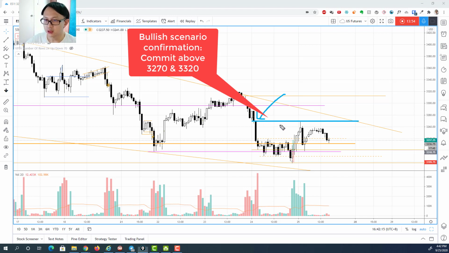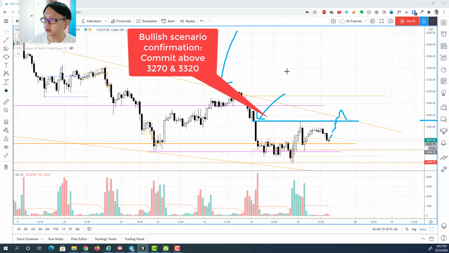This is the supply zone that I would like to see S&P 500 to overcome if it's for a bullish case. You can see that this supply zone also ties in together with the downtrend line here.